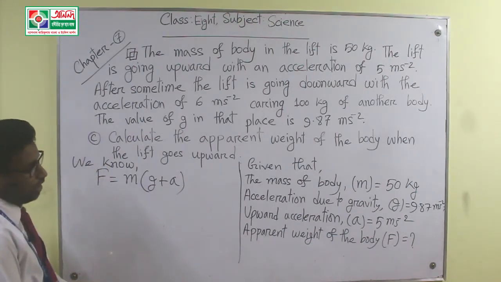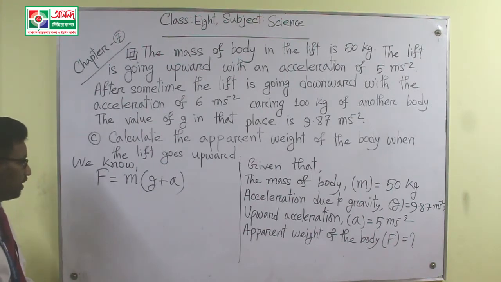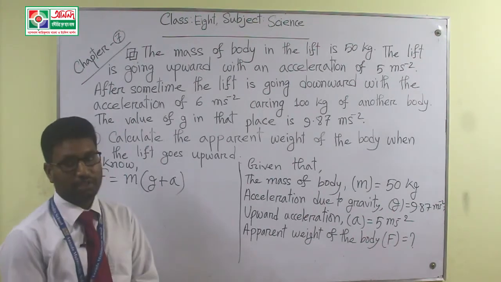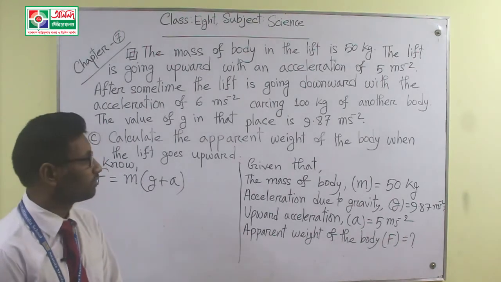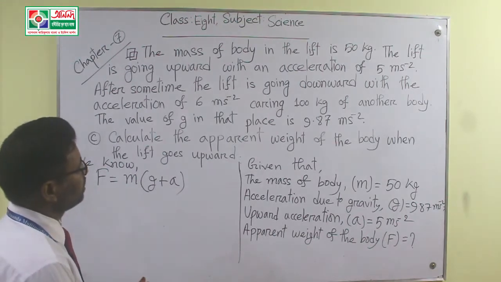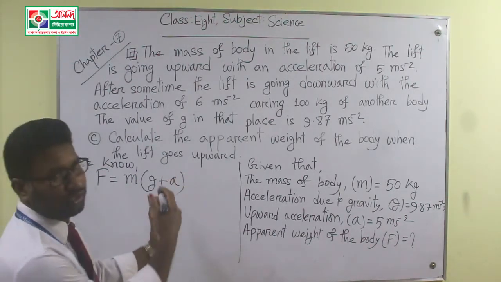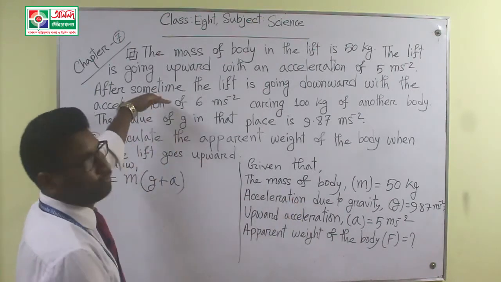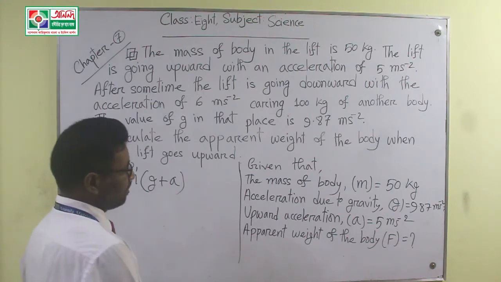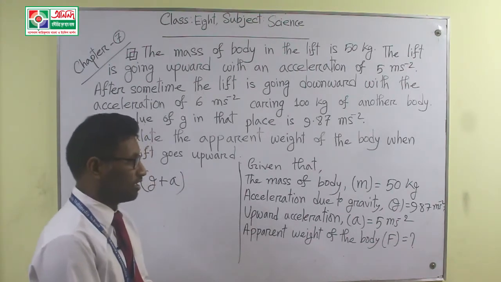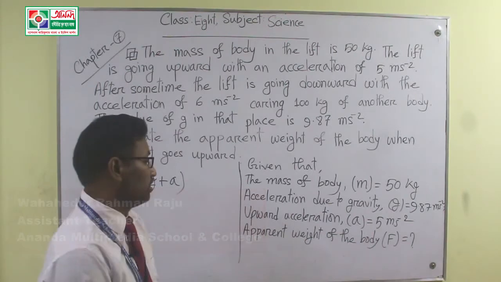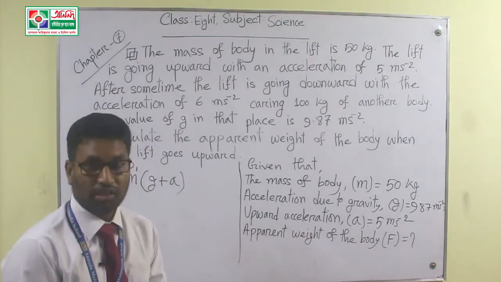Now we can easily calculate the apparent weight of the body with the help of F equals m into g plus a. We have the mass of body m equals 50 kg, acceleration due to gravity small g equals 9.87 meter per second square, and upward acceleration a equals 5 meter per second square.